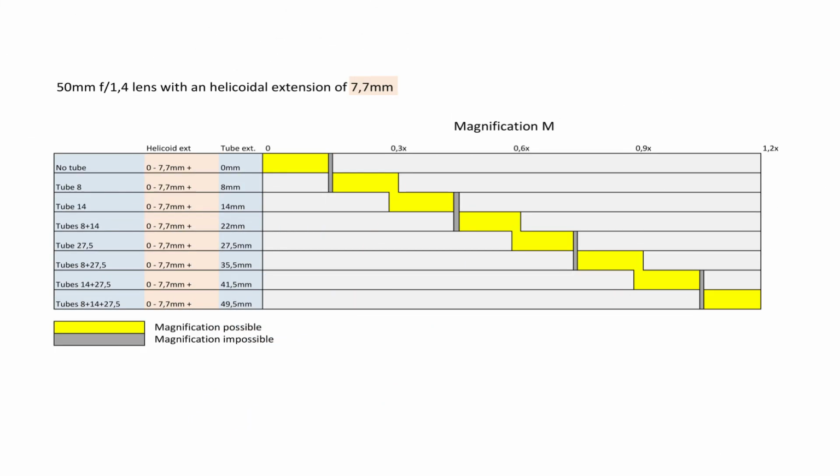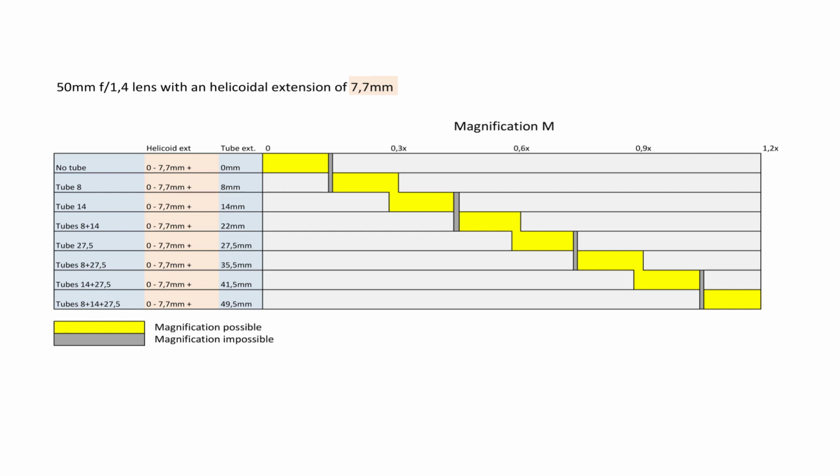Here my 50 mm lens has a travel of 7.7, which is almost 8. With this lens I get almost a complete range of magnification available, from the smallest magnification to the biggest magnification. So the hole I will have with this lens are less important than with the other lens.